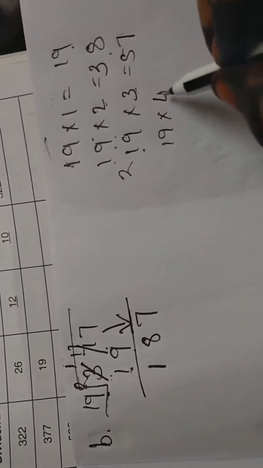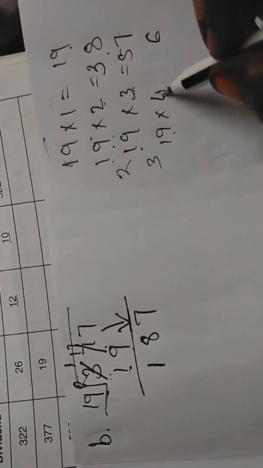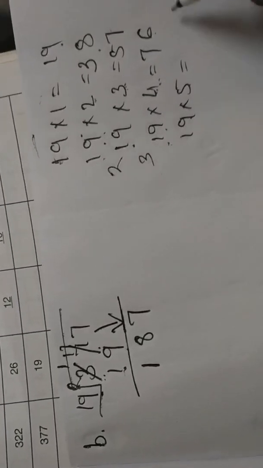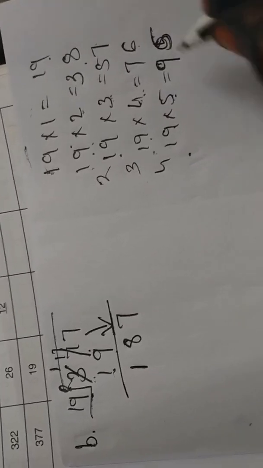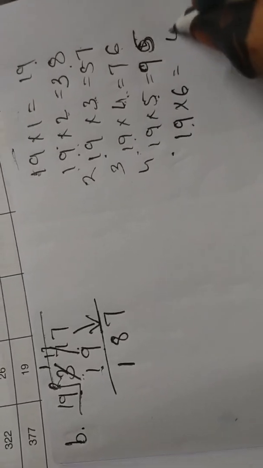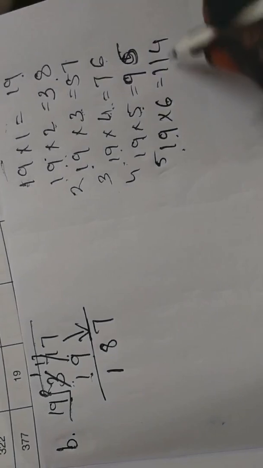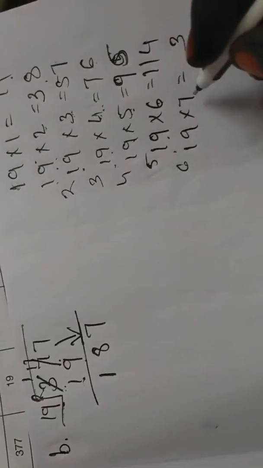So 19 threes are 57. 19 fours: 4 nines are 36, write here 6, 3 is a carryover, 4 ones are 4, 4 plus 3, 7, so 19 fours are 76. 19 fives: 9 fives are 45, write here 5, 4 is a carryover, 5 ones are 5, 5 plus 4, 9, so 95. 19 sixes: 6 nines are 54, write here 4, 5 is a carryover, 6 ones are 6, 6 plus 5, 11, so 114. 19 sevens: 7 nines are 63, write here 3, 6 is a carryover, 7 ones are 7, 7 plus 6, 13, so 133.